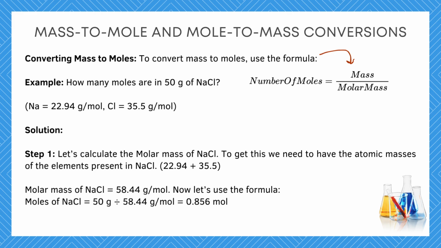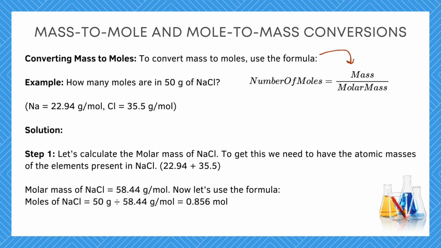So the solution says step 1. Let's calculate the molar mass of sodium chloride. To get this, we need to have the atomic masses of the elements present in sodium chloride, NaCl. That is, we have Na and Cl. That is the formula for the compound. Now, Na has the relative atomic mass of 22.94 grams per mole.